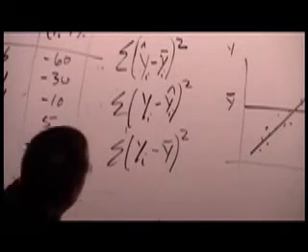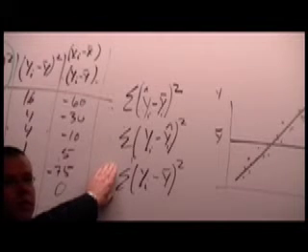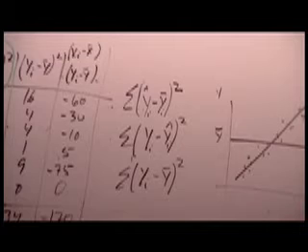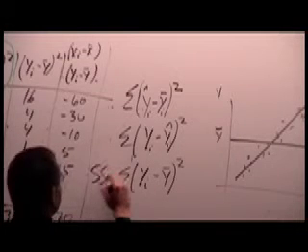Now, which ones of these have you seen before? Y minus y bar squared, this one, yes. And what did we call this? The sum squares y, either sum squared y's or sum squared totals.